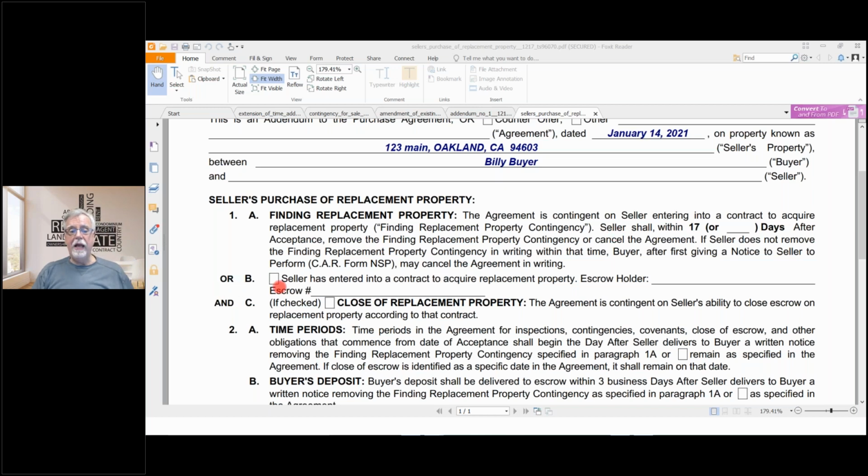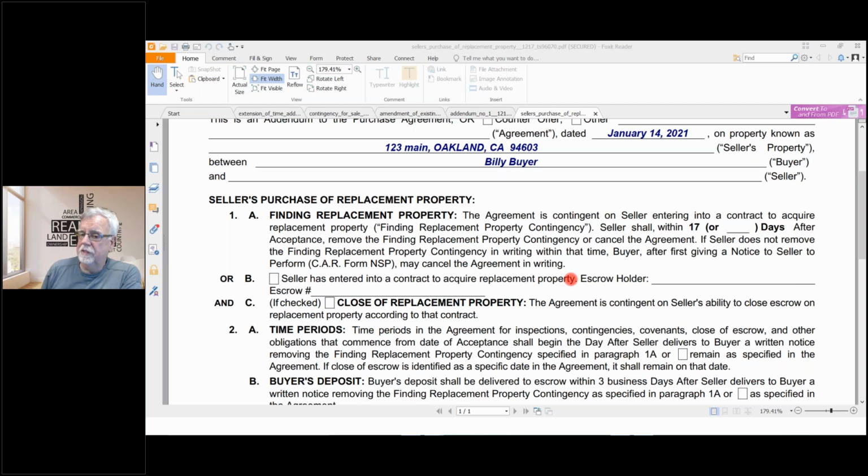Now, if the seller has already entered into a contract to find the replacement property and it's in escrow, that's a lot easier to sell, right? Because we're already in escrow and therefore it looks like it's going to close. Of course, the seller didn't even want to start looking in this case until they knew they had somebody that wanted to buy their house.